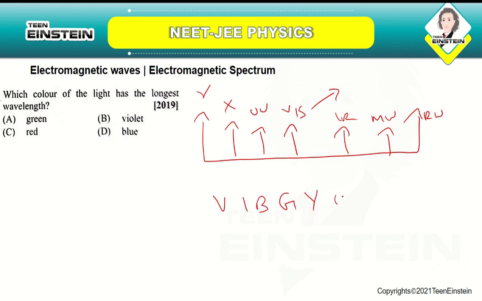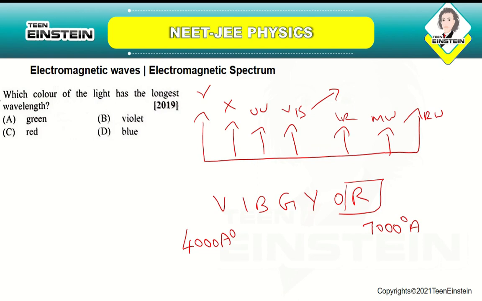Generally violet starts from 4000 angstroms and red ends around 7000 angstroms. So, in this, the red color will be having the longest wavelength, which is around 7000 angstrom. Beyond red color you will be getting the IR spectrum in the electromagnetic spectrum.